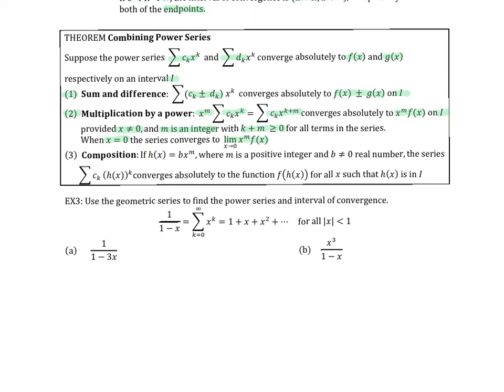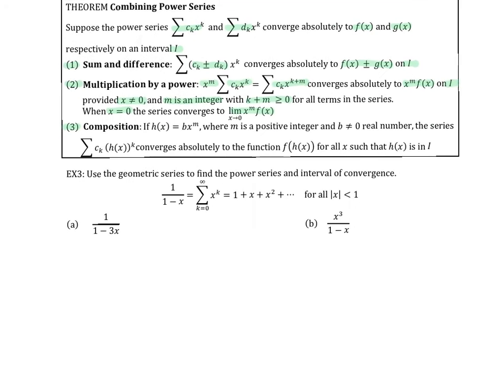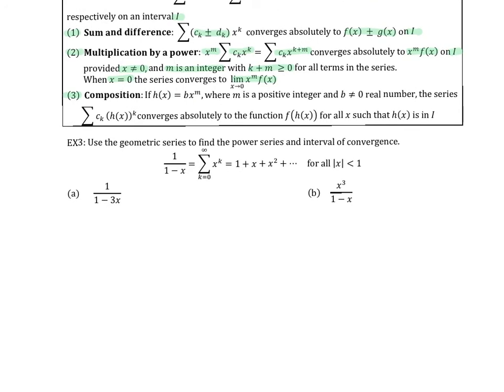So when x is equal to 0, the series does converge, but you do have to compute this limit as x goes to 0. The third property we have is the composition, and we tend to use this one a lot. So let's say you have this function h that's going to be some constant b times x to some exponent m. M is a positive integer. B is a non-zero real number.